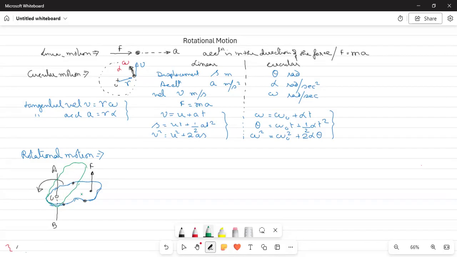That means the body has rotated. To measure the angular velocity, etc., of course, you have to refer to only one point. Let us consider this point P. And let's say this point P has come down here.